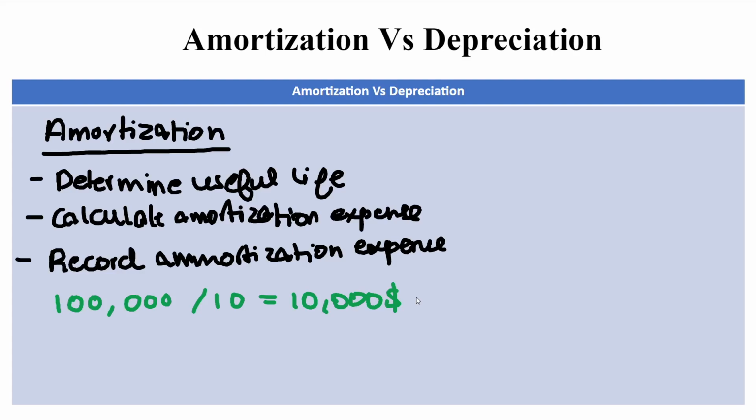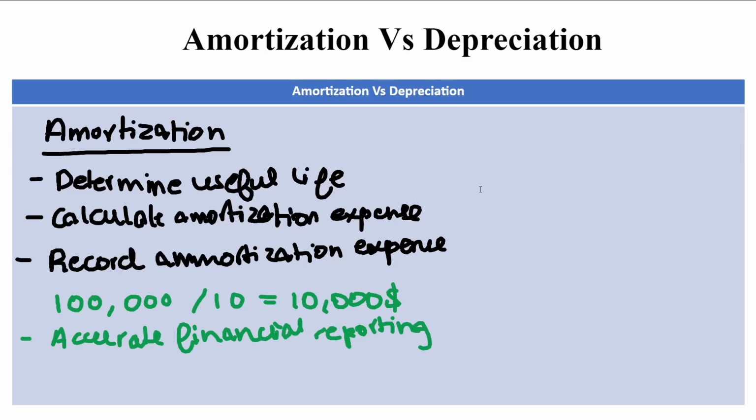Now we're gonna go ahead and look at the pros and cons of amortization. And first, we're gonna be starting with the pros. The first pro that we have is accurate financial reporting. It provides a more accurate picture of a company's financial performance by matching expenses with the revenue generated from the intangible assets.